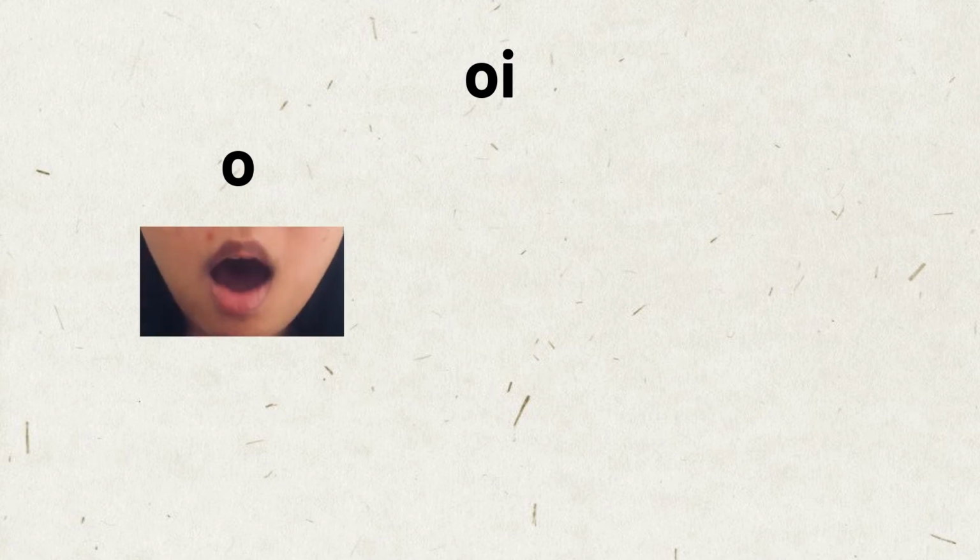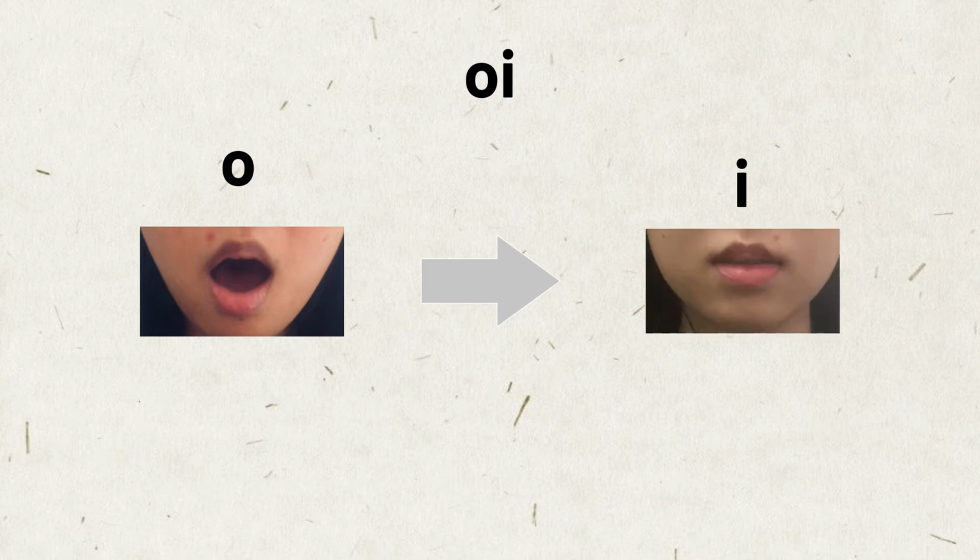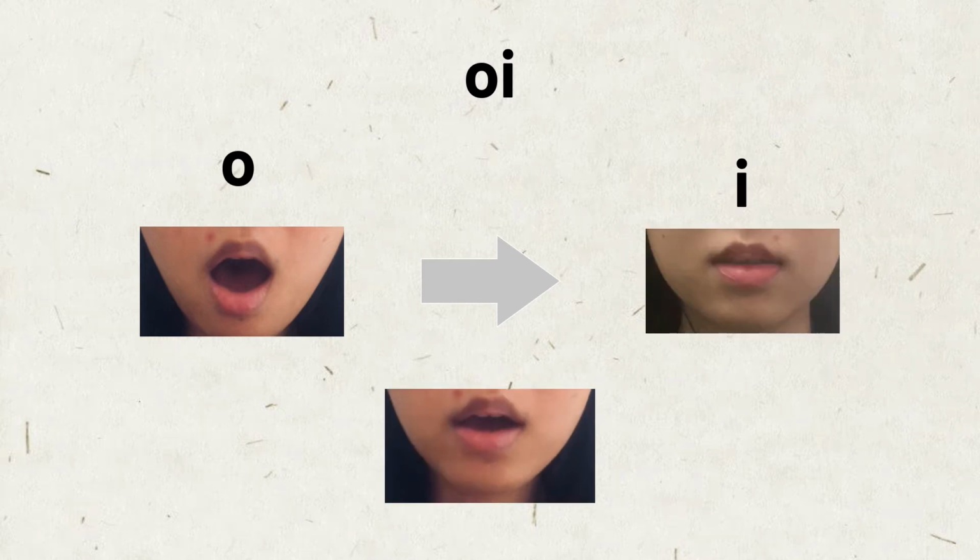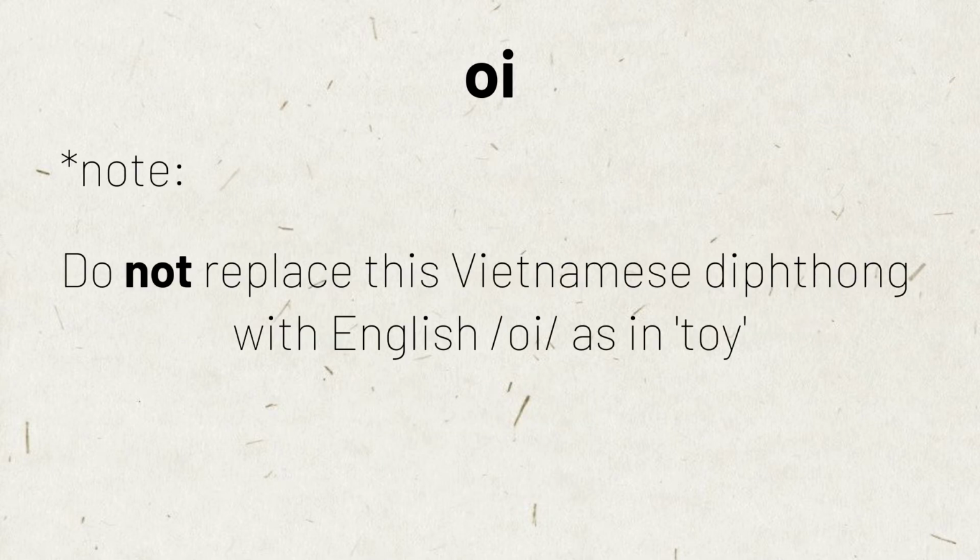To make oi, you first say the vowel O and then move your mouth to the position of the vowel E. Oi. Don't replace this Vietnamese diphthong with the English oi as in toy, since there is a small difference between them.